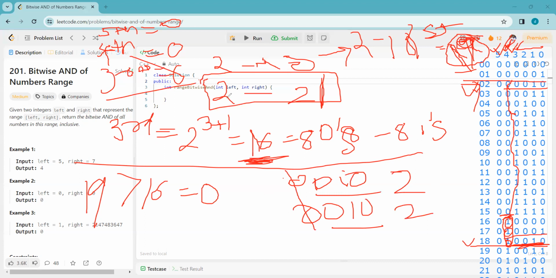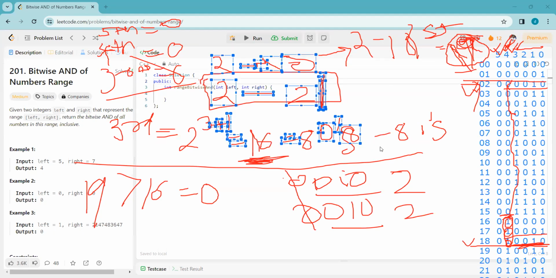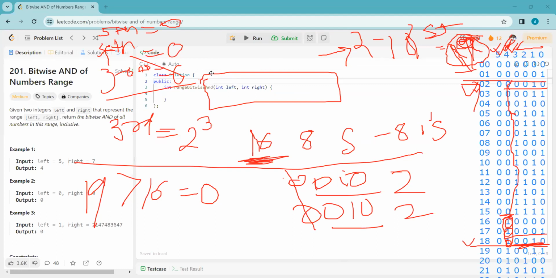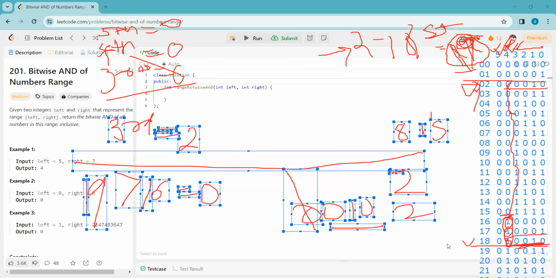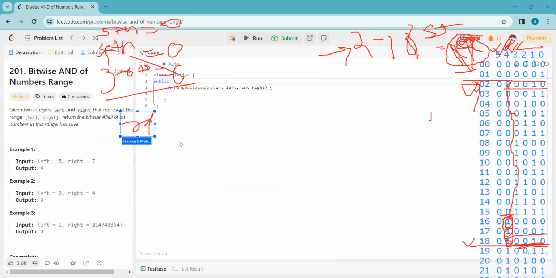Now we will see the second bit. So our original value changes to 2 to 2, but the range is still 19. That will never be changed.